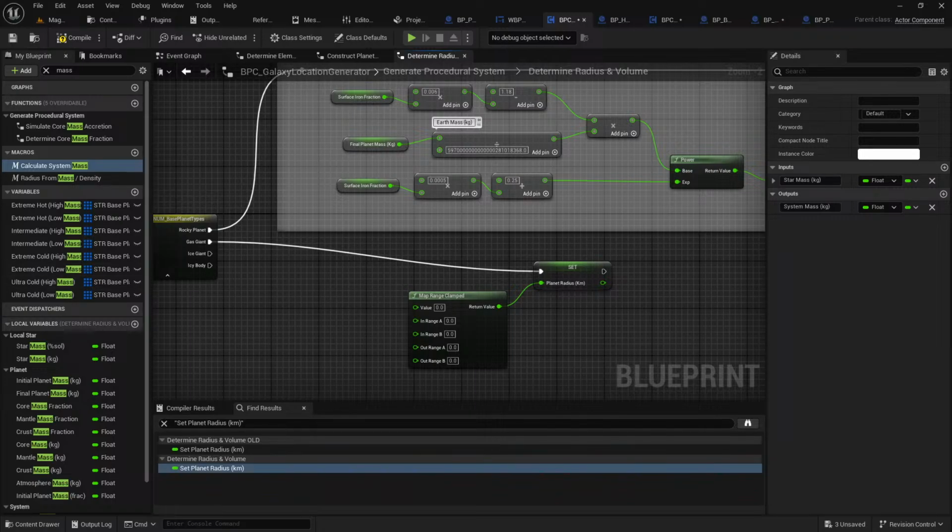Right, so that being the case, we take Earth's mass times that by 10.